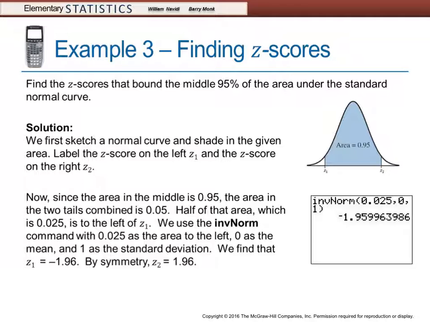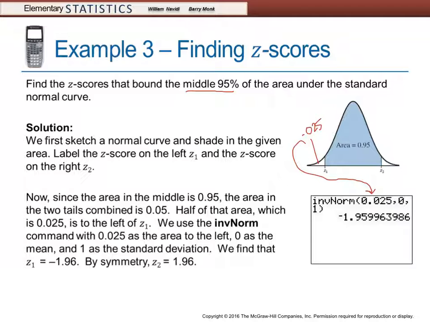Finally, to find the middle 95% of the area under the standard normal curve, we know that this area here is 0.025. We use the inverse norm.